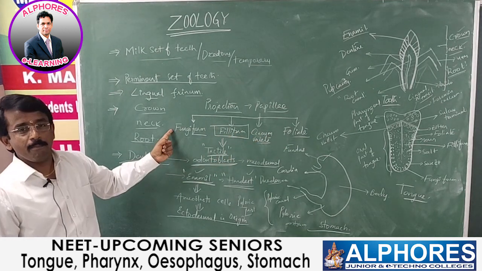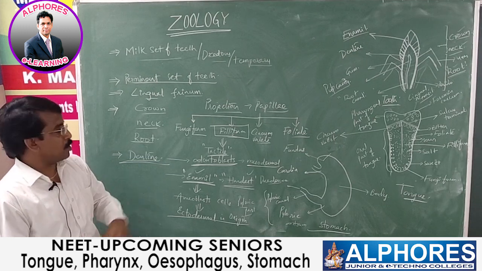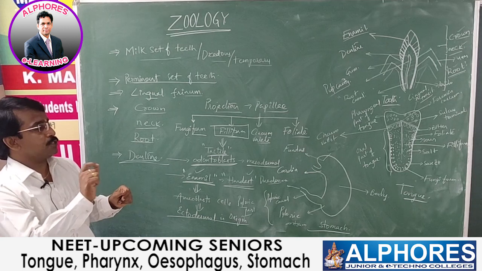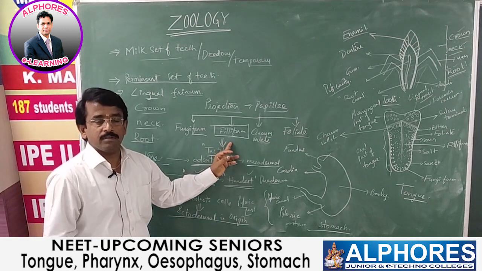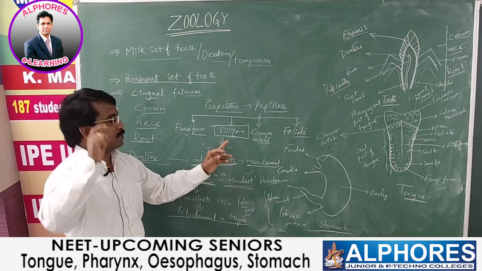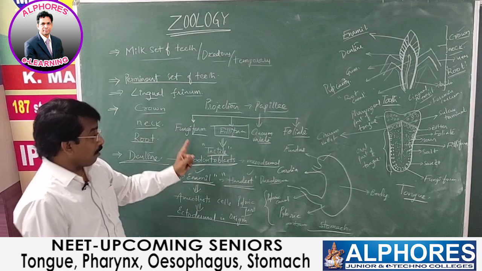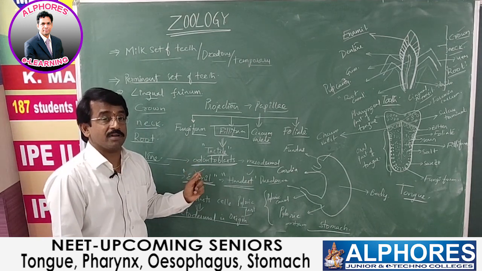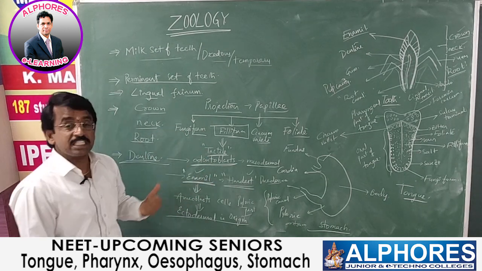The fungiform are present in the anterior tip and margins of the tongue. They are larger than the filiform and smaller than the circumvallate. The filiform are the smallest and the most numerous.